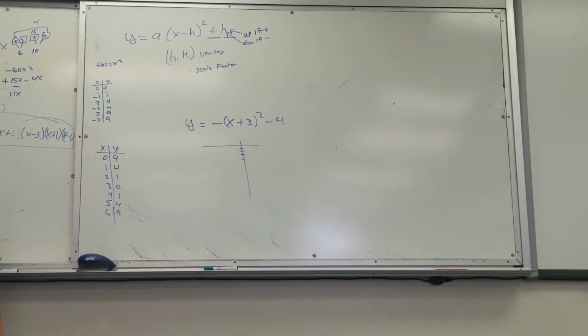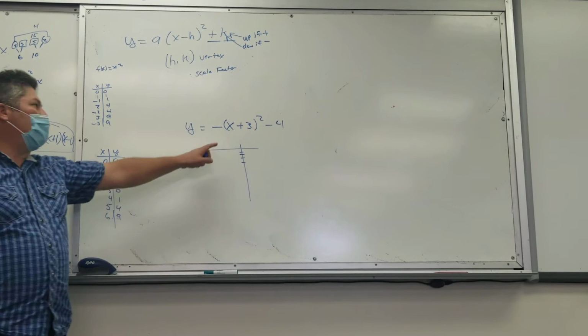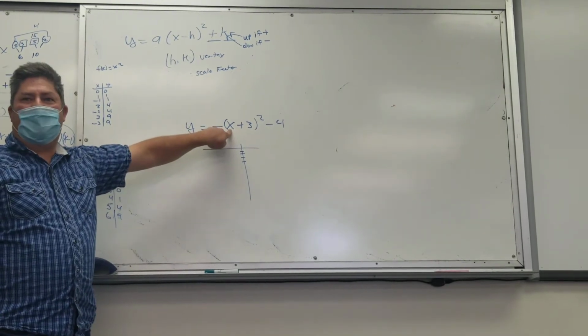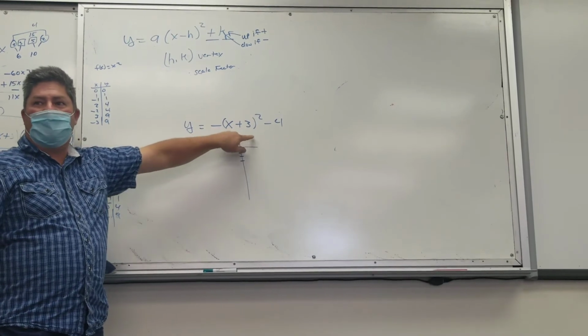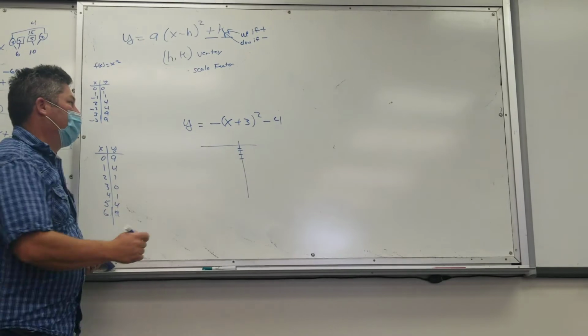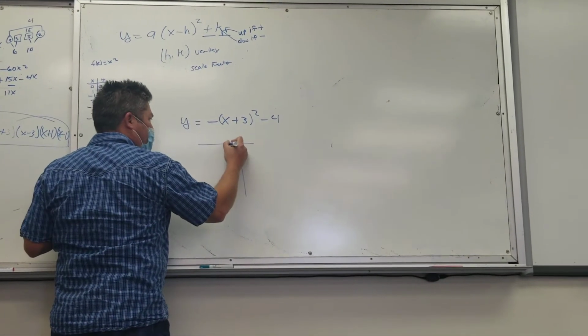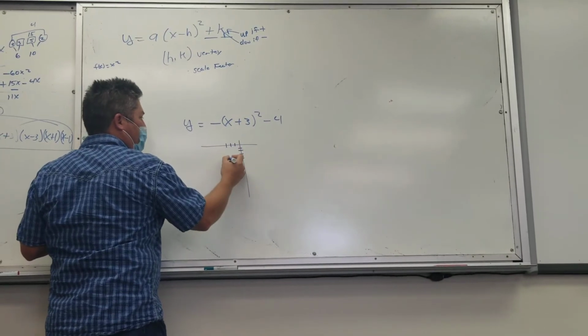Would it be to the right 3? Actually, just opposite. It's going to go to the what? Left. Left 3. Think about the value that would cause this to be 0. So -3 plus 3 would be what? 0. So I'm going to go left, or -3, opposite the sign of what's in there, and then down 4.